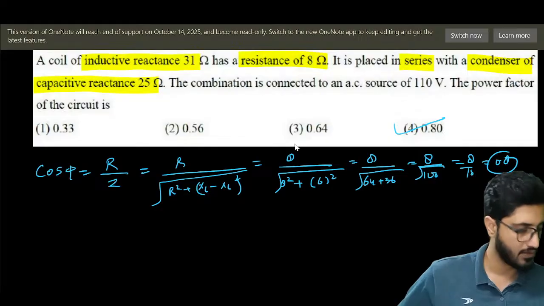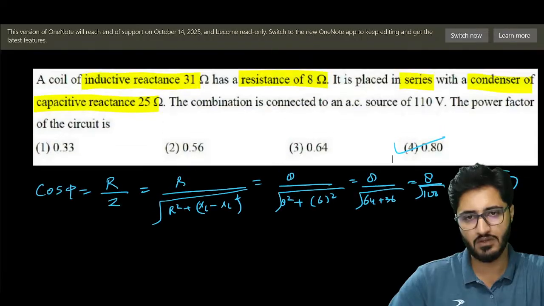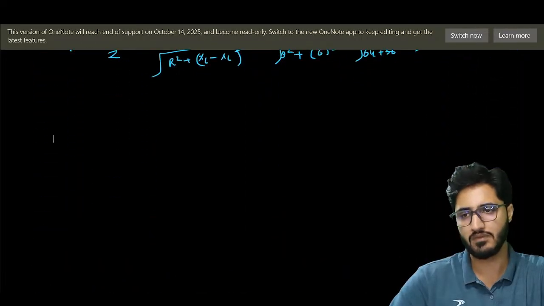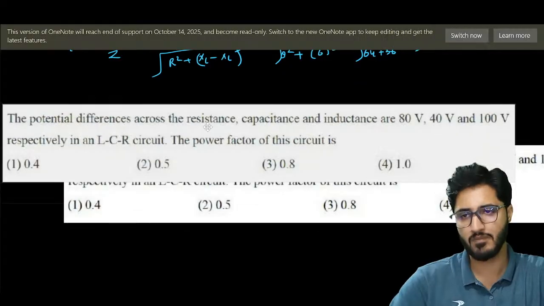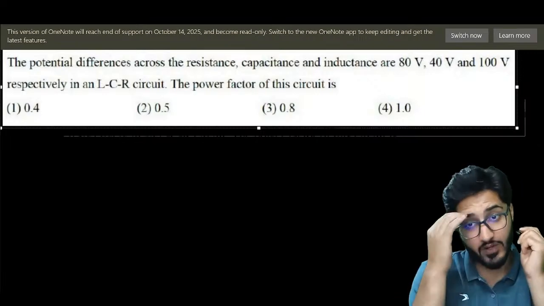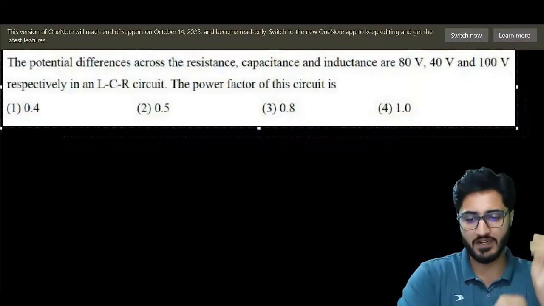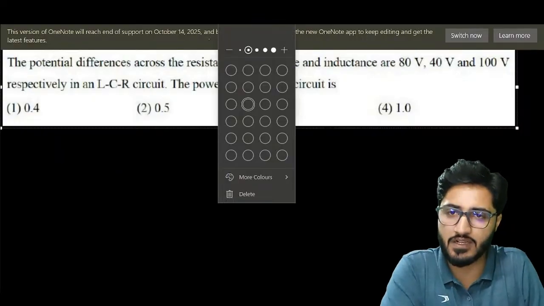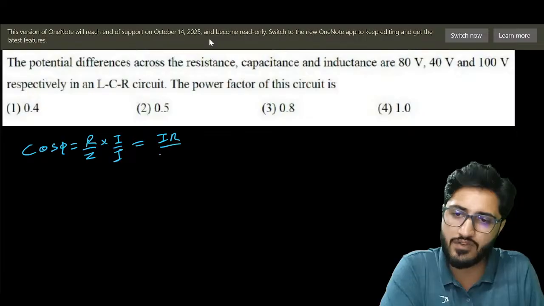Okay. Now the next numerical. The potential difference across the resistor, capacitor, and inductor is given this much. Power factor, simply, cos phi, R by Z. Just multiply with I divided by I. It will become I into R, Z into I. IR means VR, and Z into I is V only.